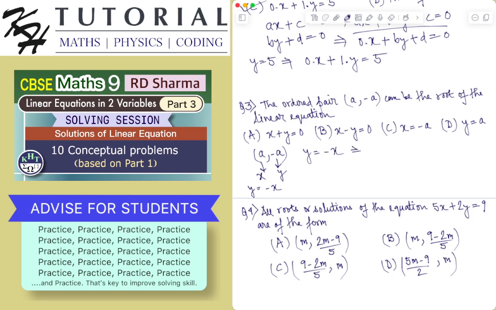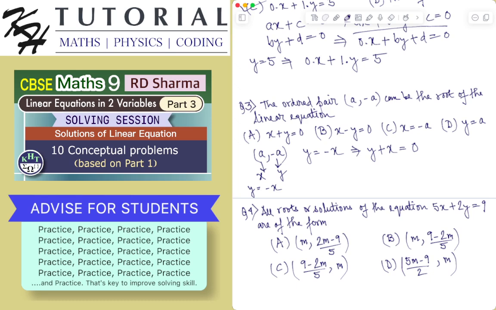If I further simplify this, it will be y plus x is equal to 0. So clearly y plus x equals 0 should be the linear equation where a comma minus a can be a root.